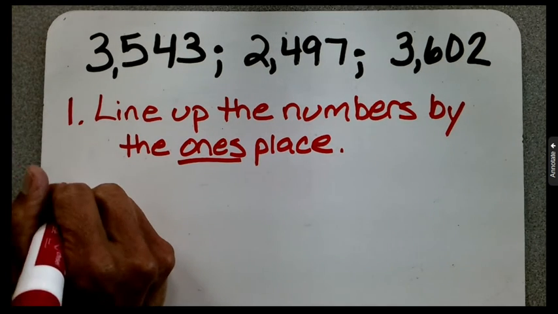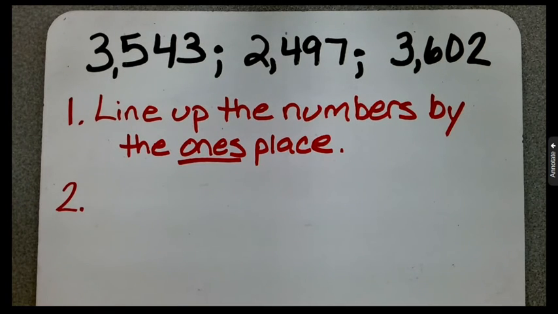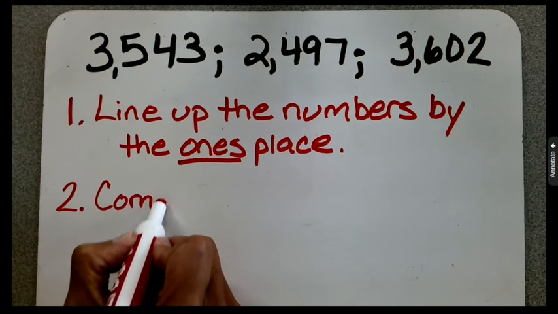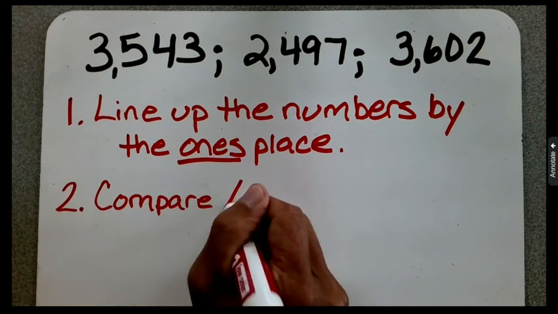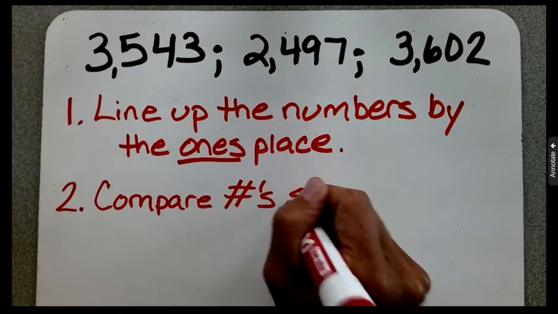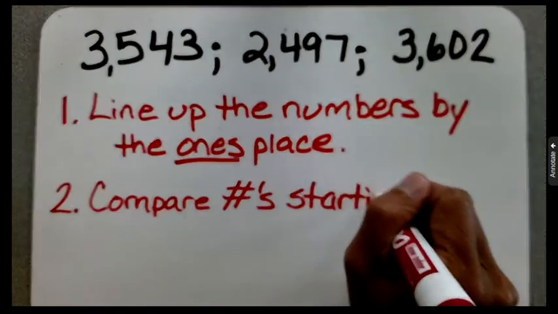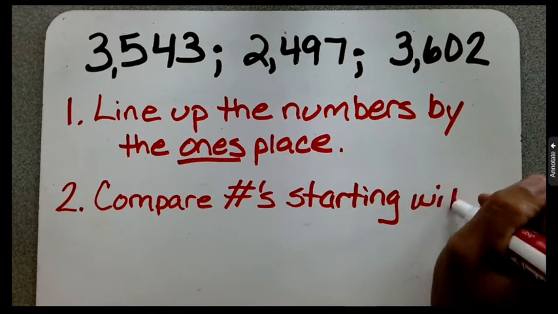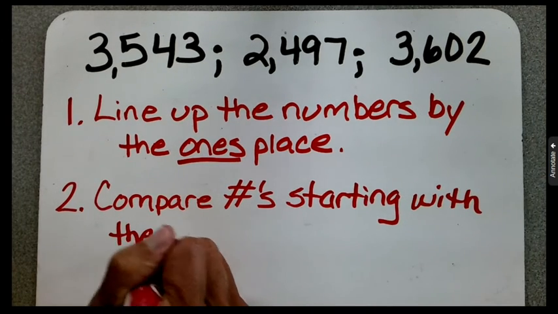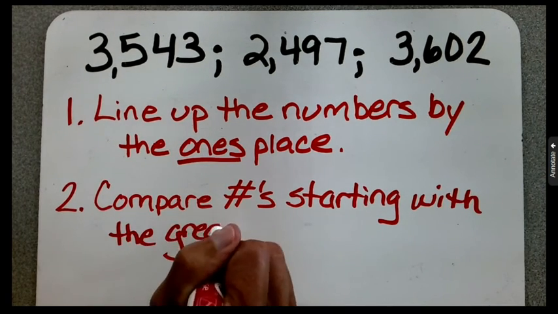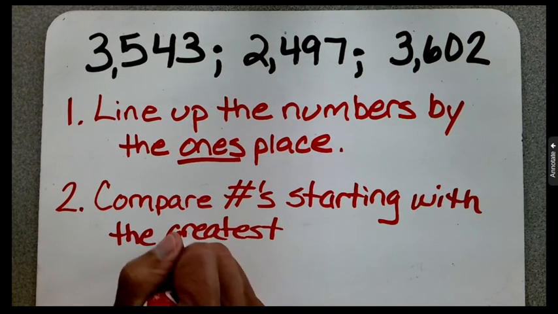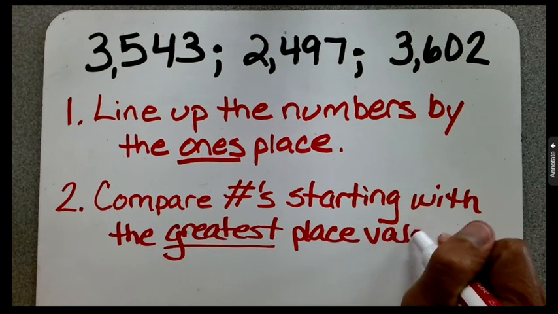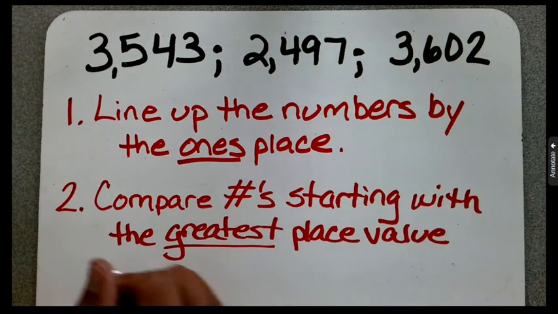So for rule number 2, which I want you to copy on your paper, compare numbers starting with the greatest, and this is very important when we say greatest, place value position.